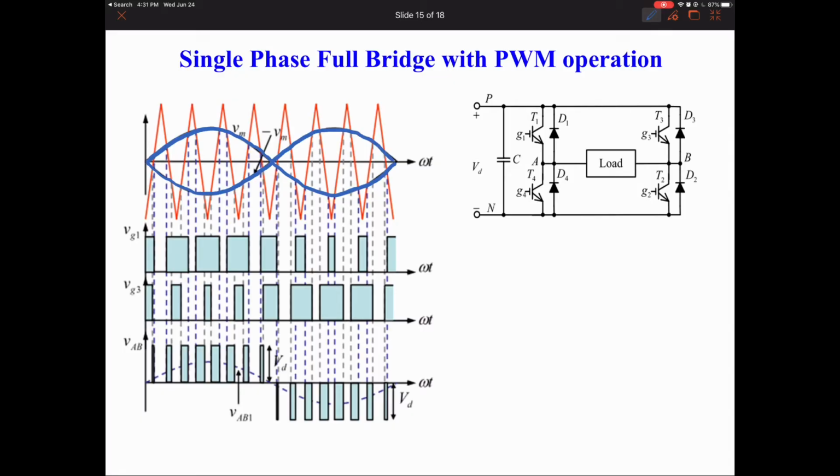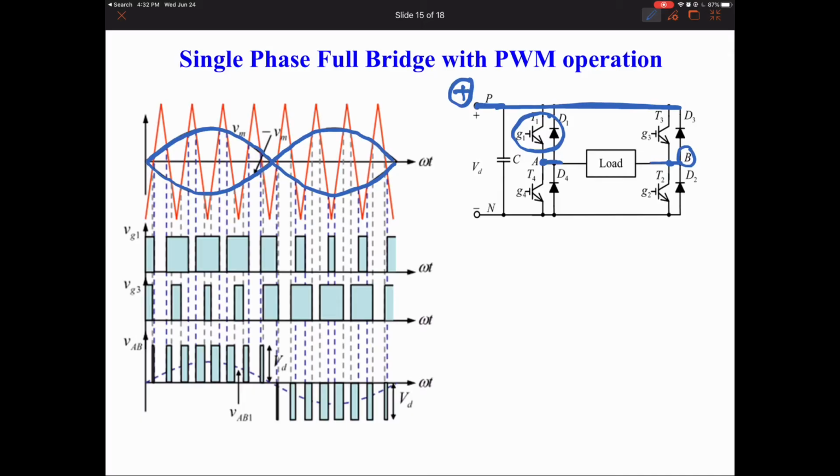First of all, let's discuss with respect to this diagram. In the unipolar switching, let's suppose that if I turn on this G1, so this point A will be connected with the positive terminal of the source. And at the same time, if I turn on the switch 3, so this point B will also be connected with the positive terminal. So both of these switches are turned on and the voltage at point A is VDC, the voltage at point B is VDC. So what will be your load voltage?